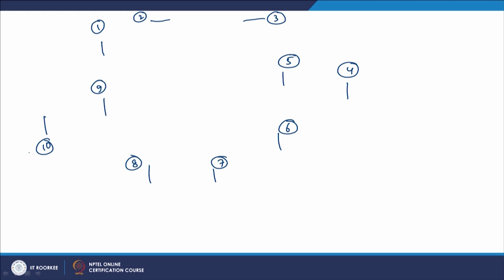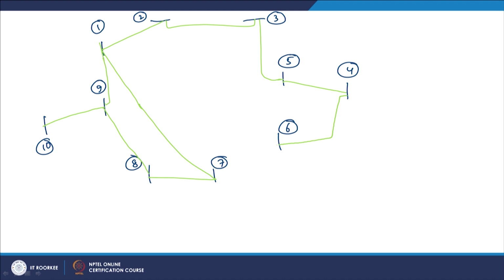All these are buses and the lines are, let us say, connected something like this. So, 1 and 2, and then from here another one, then here another one, then here to here, maybe here to here, etc., etc.